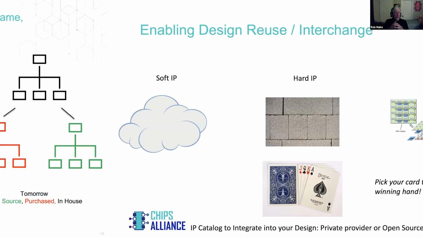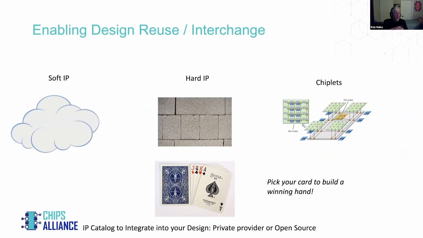So what this really is talking about is enabling design use or reuse or interchange. So there's soft IP, which I think the prior chart does illustrate in some regards, right? You're replacing a given library, if you will, with IP from an open source area. But it could also be hard IP, right? It could actually be a physical implementation that you are picking up that is implemented in a given process technology node.